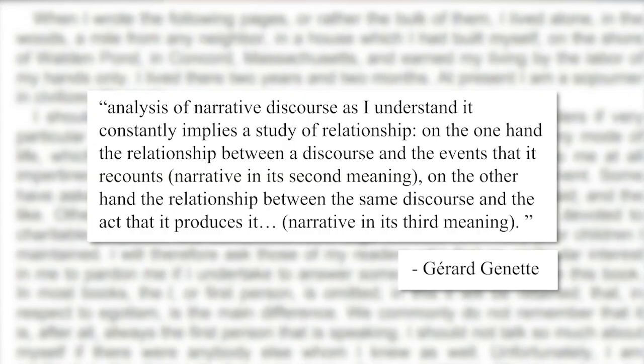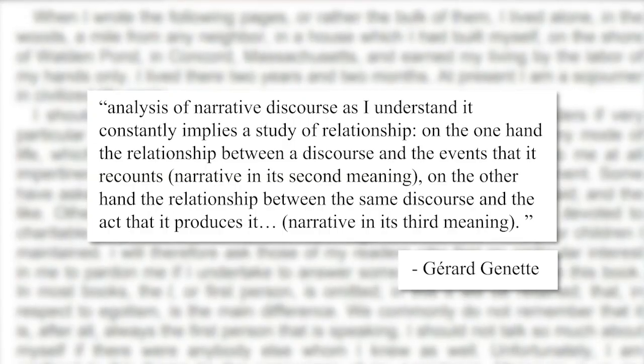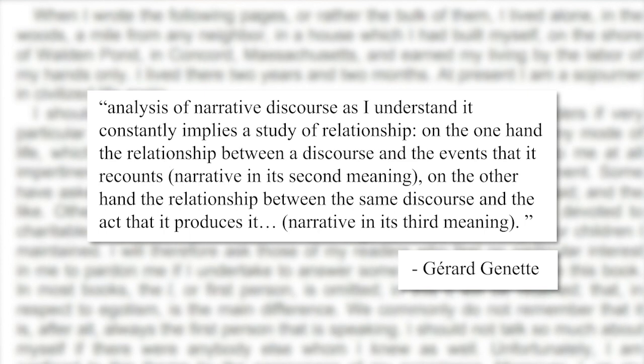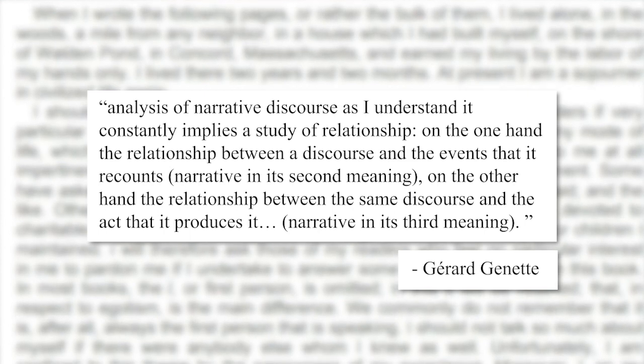Literary critics, such as French theorist Gérard Genette, employ intertextuality theory to argue for critical certainty, or at least for the possibility of saying definite, stable, and incontrovertible things about literary texts. In Narrative Discourse, an essay in Method, Genette writes that the analysis of narrative discourse, as I understand it, consistently implies a study of relationship.